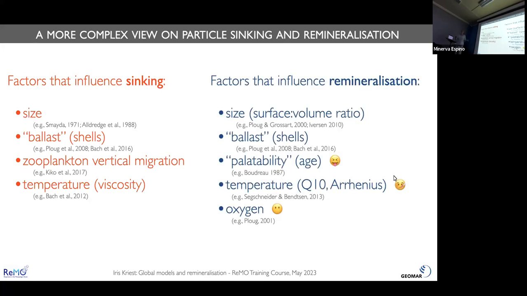And then on the other side of the coin, which is really the remineralization rate divided by sinking speed, are factors that influence remineralization. So I could think of, again, size via the surface to volume ratio, the ballast of shells, or shells might protect organic matter from decay. Age of particles might make them less delicious. So think of some cold pizza pieces from yesterday, so nobody wants it.